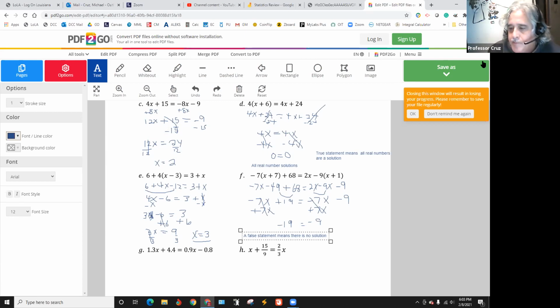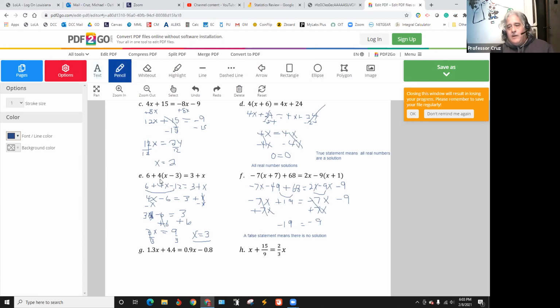Okay, so try these next two. Now I'll just tell you, on both of these there's an easier way to do it. My way on this one is just multiply by 10, which is the same as moving everything one decimal place, and then you can have 13x.